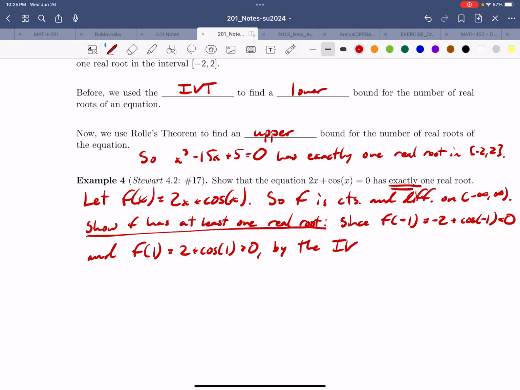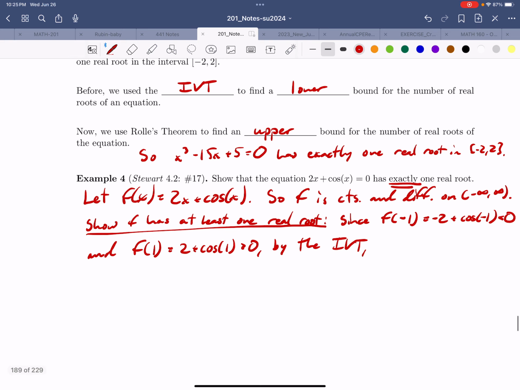By the intermediate value theorem, there's some c in the interval from -1 to 1 such that f of c equals 0.